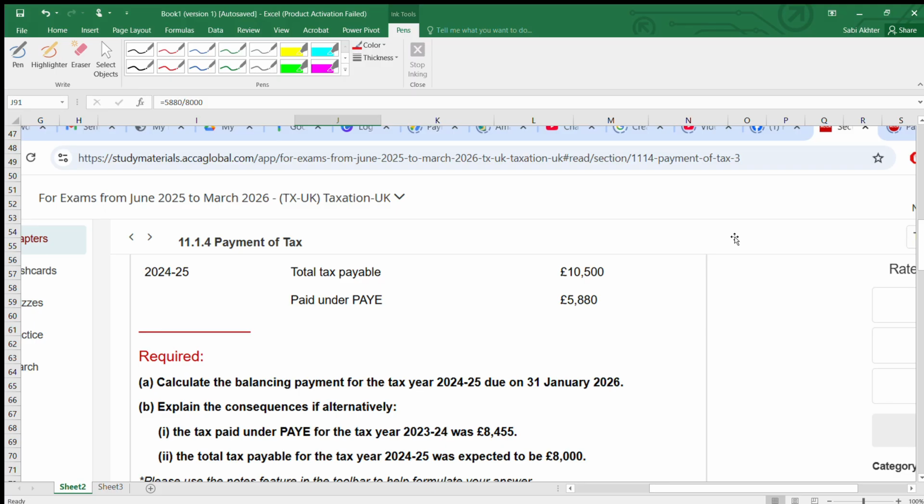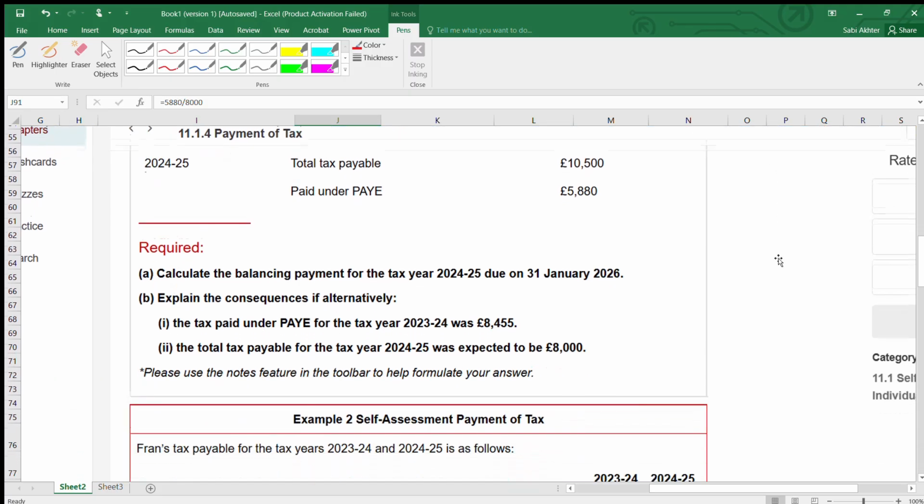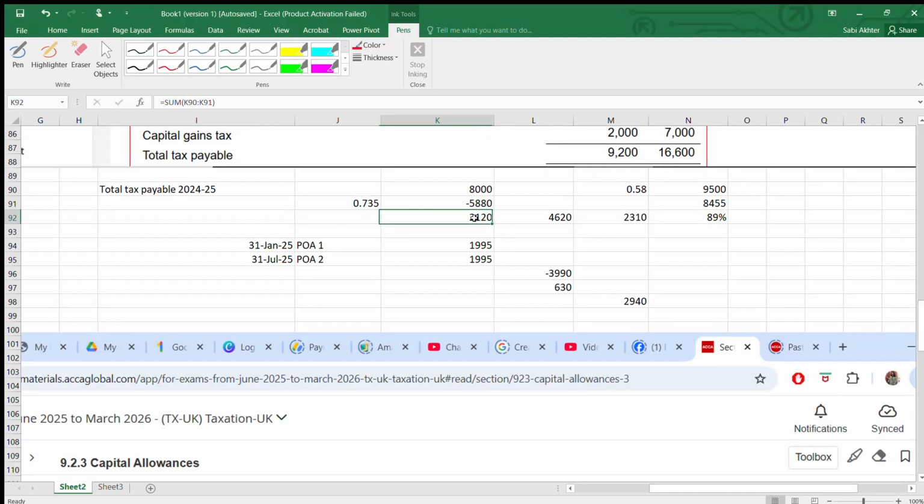Okay. So now when you are making payment on account, it is on this 2120. So here, this you will divide by 2. 1060.